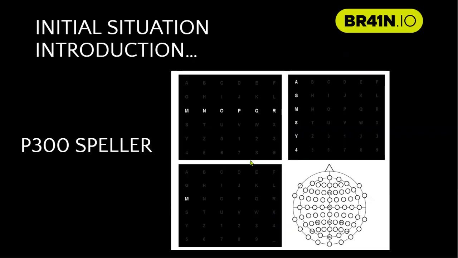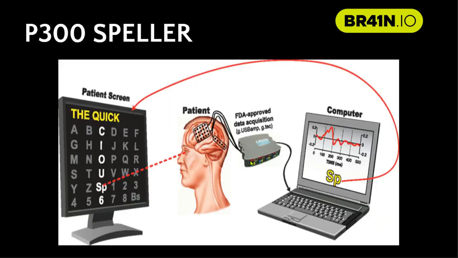We chose this P300 speller because we consider it very useful and really remarkable for patients that have a locked-in condition or a partial locked-in condition, so they can still communicate with the world through visual communication. The idea of this P300 speller is that the patient can communicate outside.